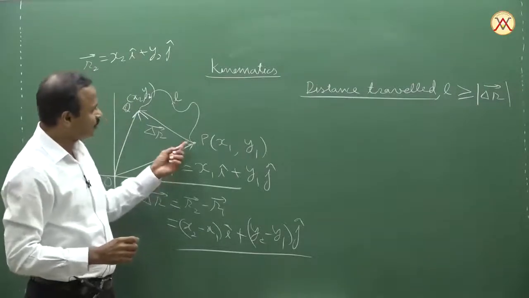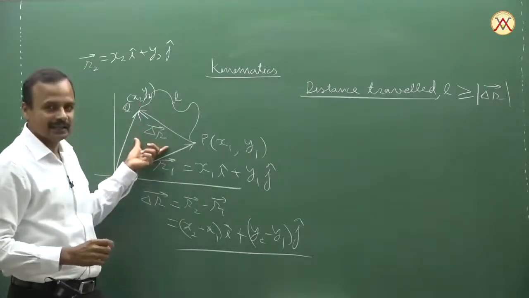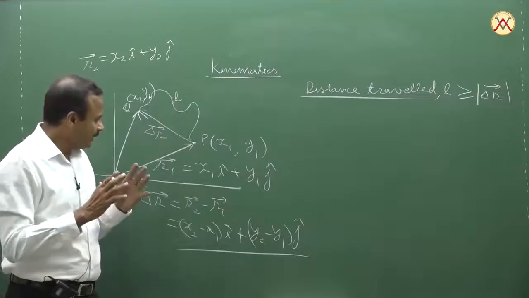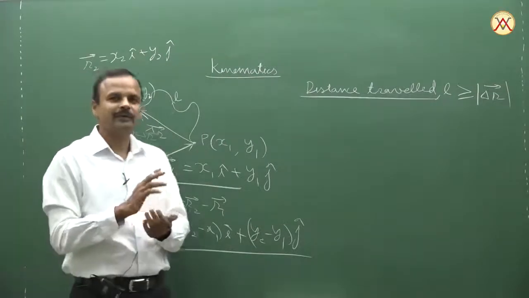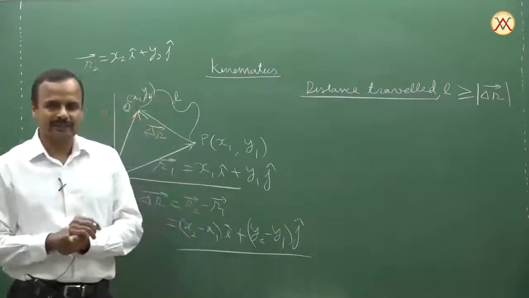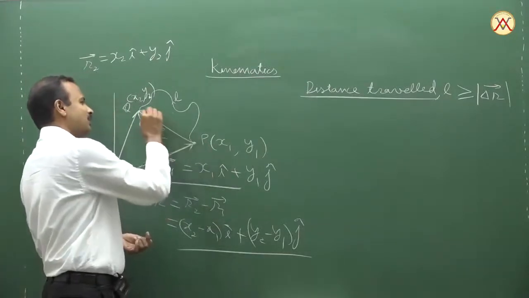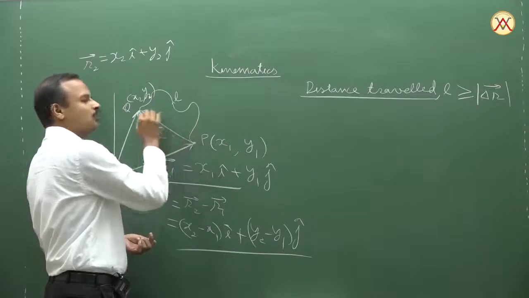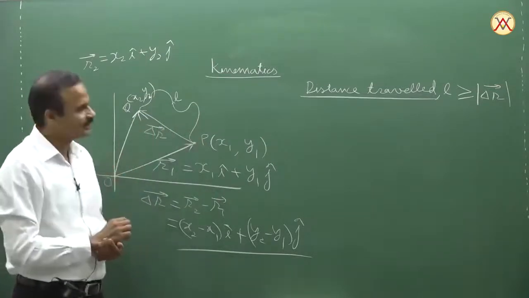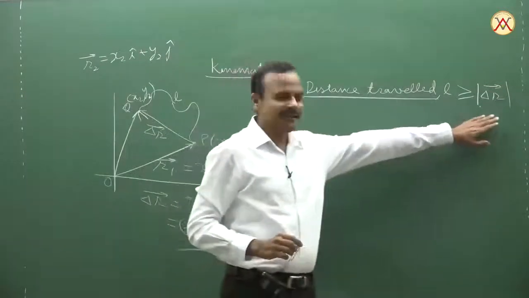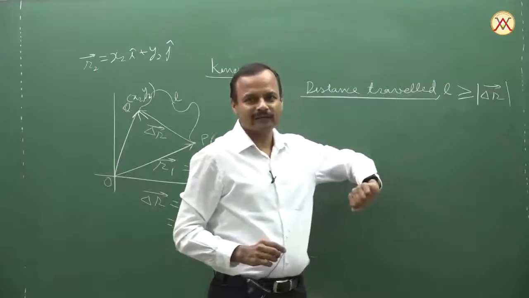In this diagram you can see that L is greater than delta r vector, but in a special case it can be equal also. Which special case? When the particle goes along a straight line path directly from P to Q. In that case, L will be equal to the mod of delta r vector.